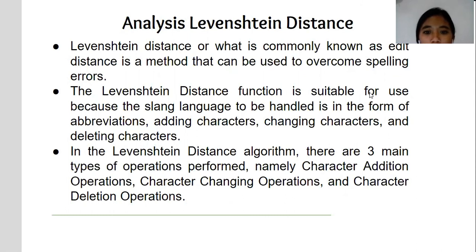Second, the Levenshtein distance function is suitable for use because the slang language to be handled is in the form of abbreviation, adding characters, changing characters, and deleting characters. Plus, in the Levenshtein distance algorithm, there are three main types of operation performed, namely character addition operation, character changing operation, and character deletion operation.